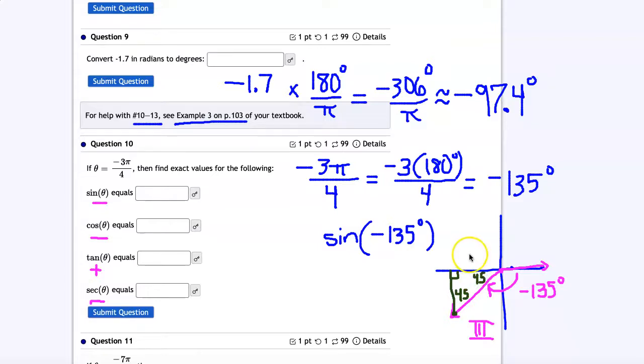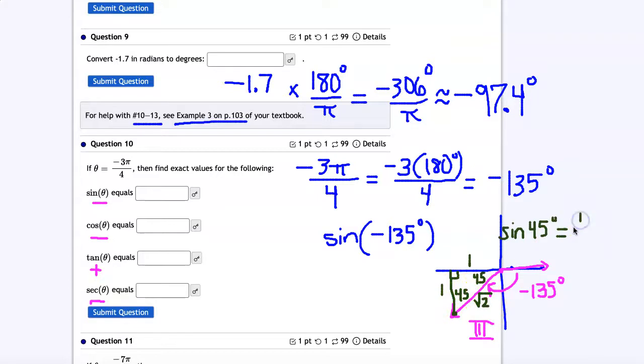And you can see then you have a 1 to 1 to root 2 ratio. If you were to find the sine of 45 degrees, in this context, the sine of 45 degrees is equal to opposite over hypotenuse.